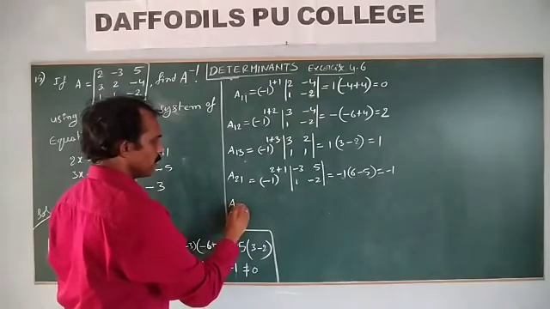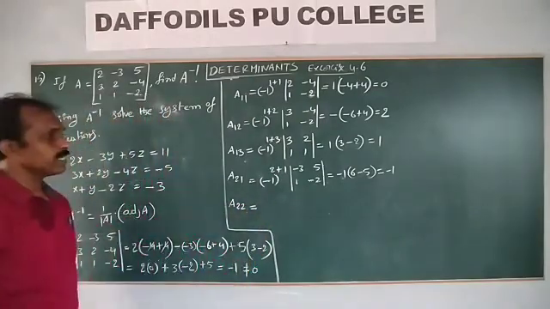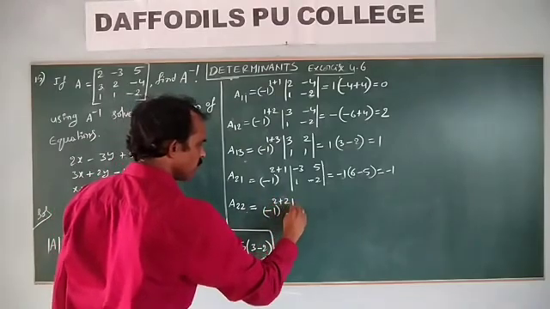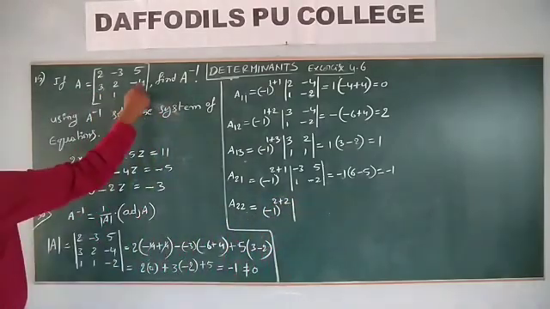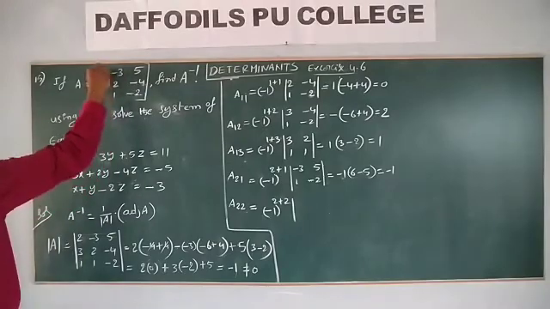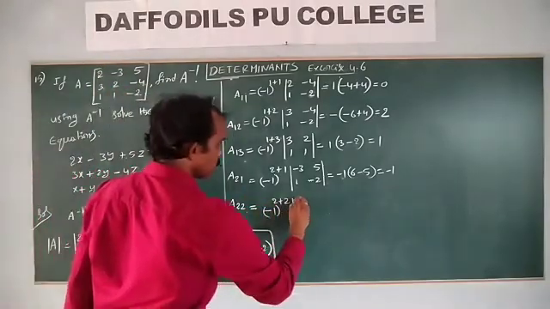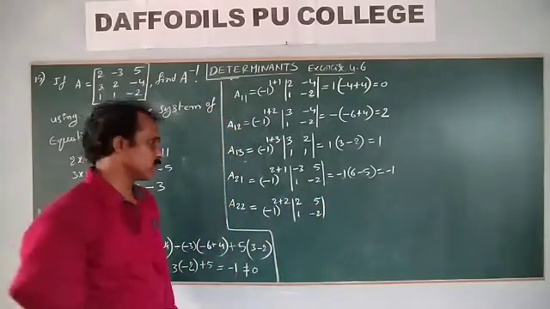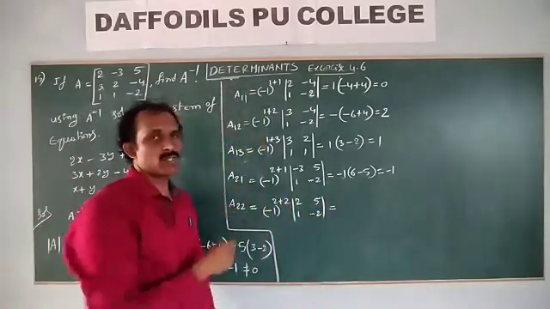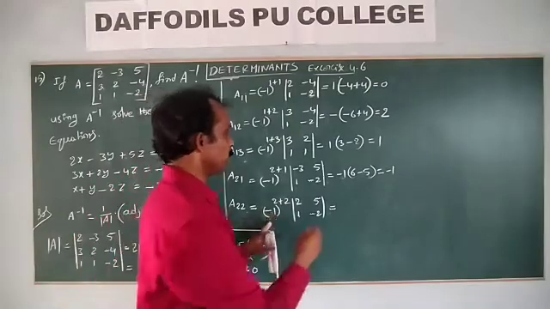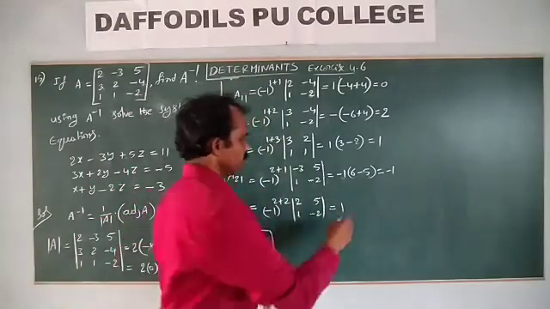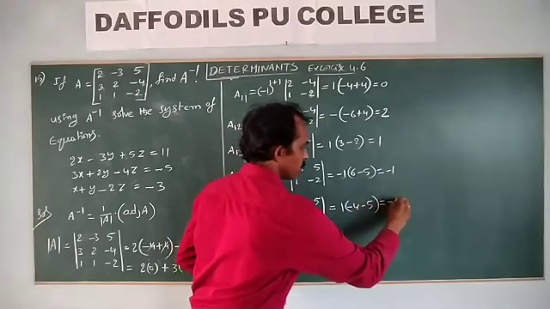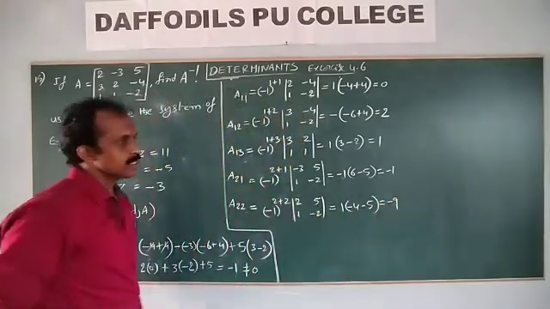Next, A22 is minus 1 to the power of 2 plus 2 times its minor. Deleting this row and this column, remaining elements 2 5, 1 minus 2. Even number means plus 1, and minus 4 minus 5 gives minus 9.